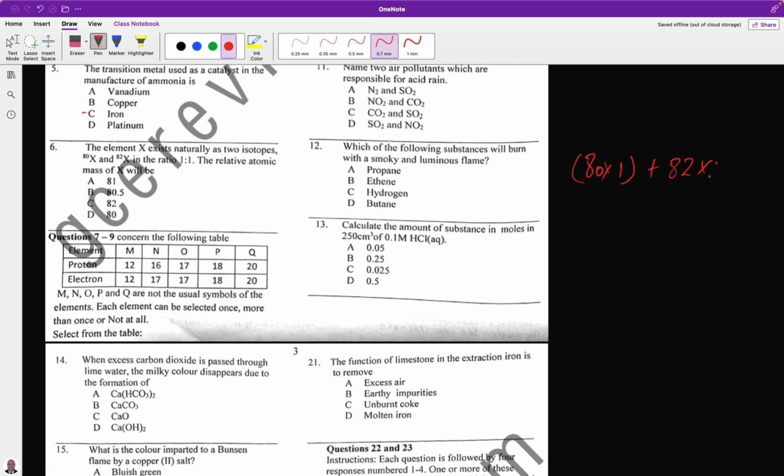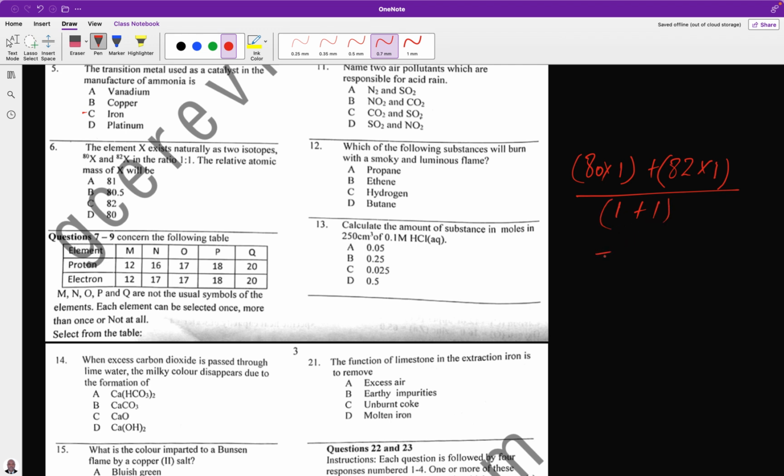We are told the element exists in the ratio 1:1. So it is 80 times 1 plus 82 times 1, divided by the sum of the ratio. The sum of the ratio is 1 plus 1, which equals 2.